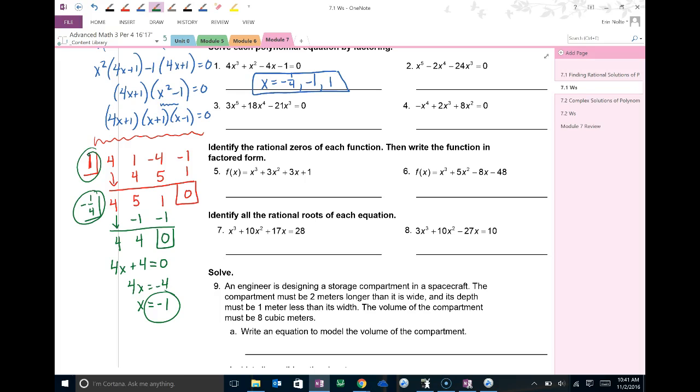This one right here would be 4x squared plus 5x plus 1. So I could actually have stopped here and factored this using the hard method. That would have been an option. But I like to do synthetic division if I'm in the middle of synthetic division. Is that more to check your answer?